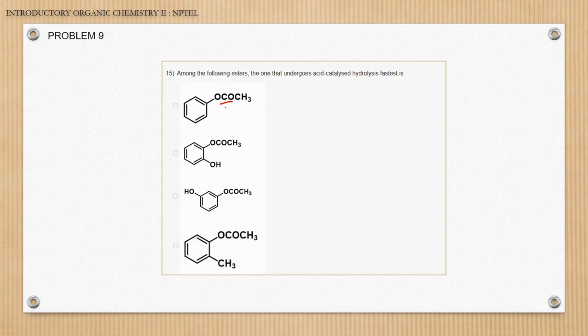So now in these four options you have to figure out which will stabilize this positive charge more. Can anyone now tell me what would be the probable answer among these four? Which ester will undergo hydrolysis fastest?